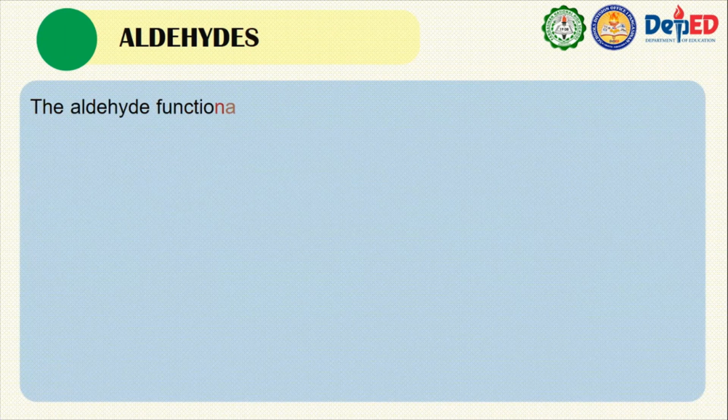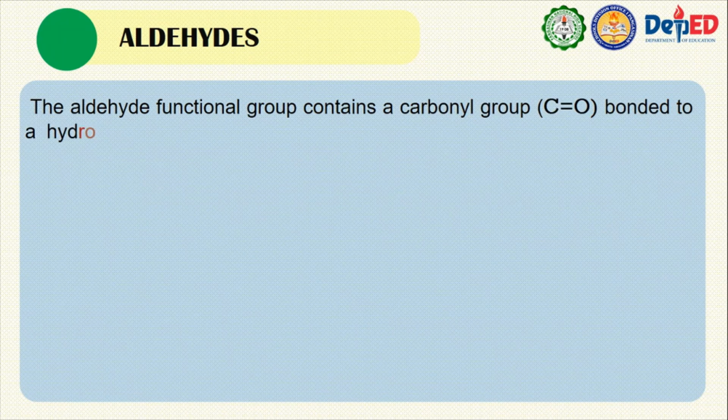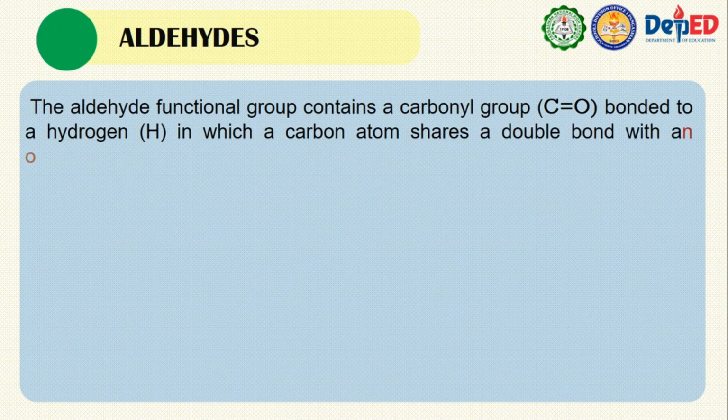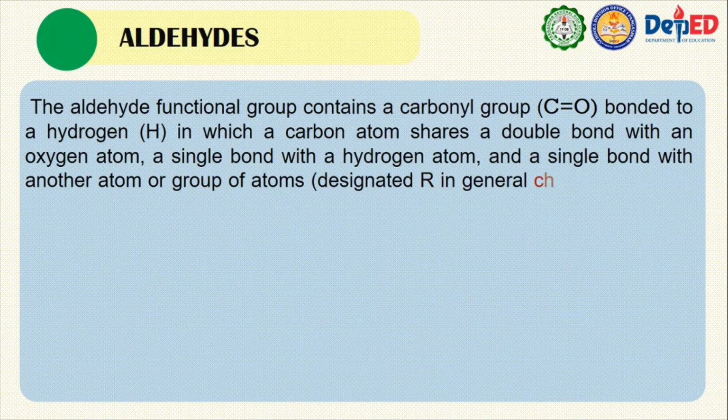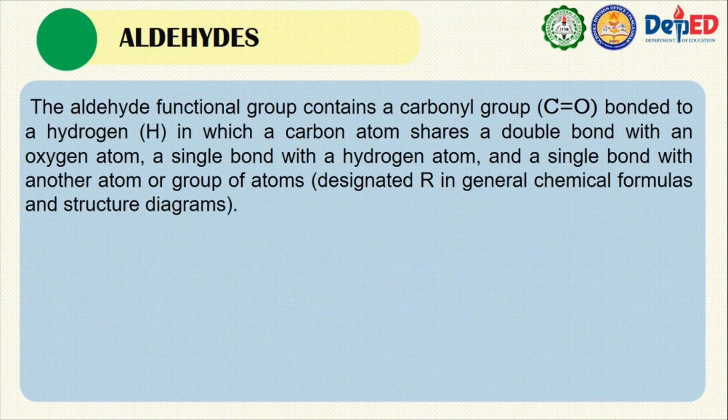Another class of compounds: aldehydes. The aldehyde functional group contains a carbonyl group bonded to a hydrogen, in which a carbon atom shares a double bond with an oxygen atom, a single bond with a hydrogen atom, and a single bond with another atom or group of atoms.